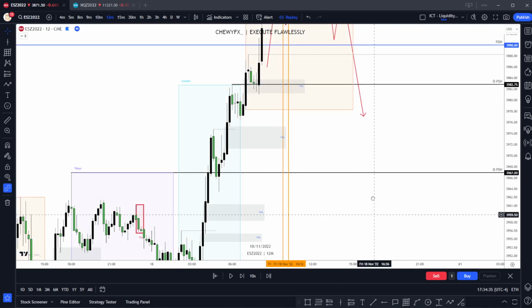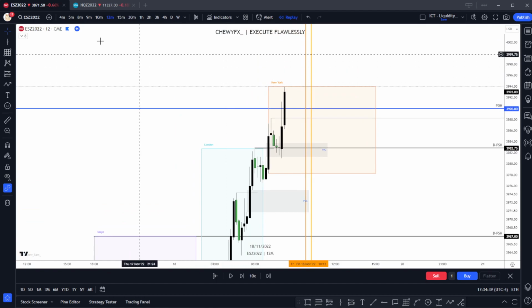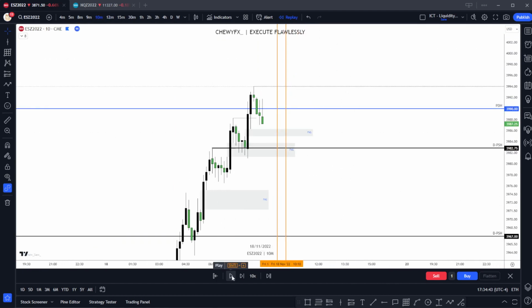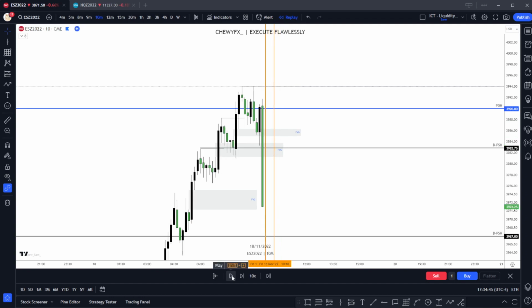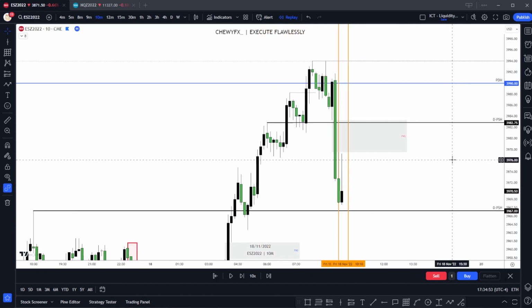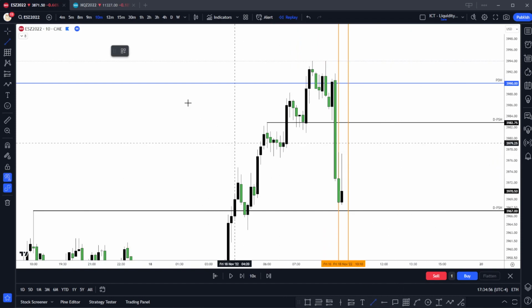There's definitely another one though, or maybe not. Okay, let's see what happens. Okay, it's looking like this is a reversal entry here. 10-minute break of structure.